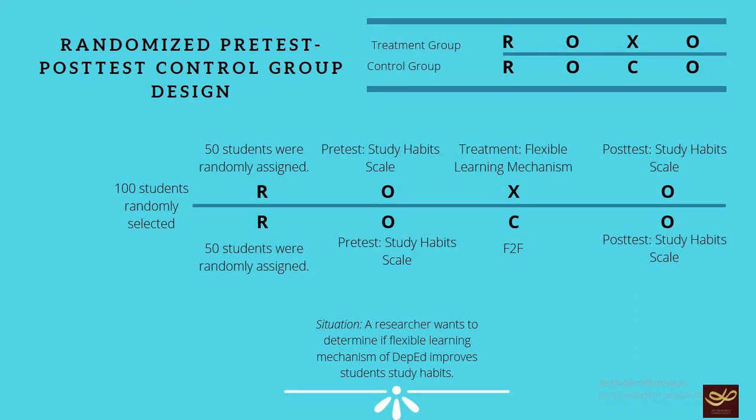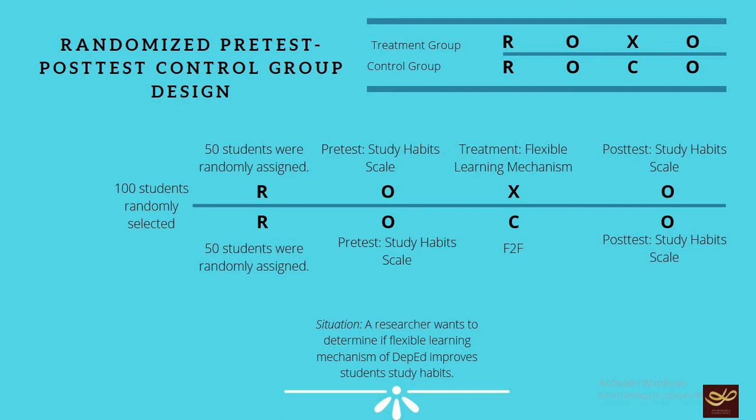After the pre-test, the treatment was introduced, and then you conducted a post-test. You then compare whether the difference between the two groups, between pre-test and post-test, varies significantly. So this is your randomized pre-test post-test control group design.